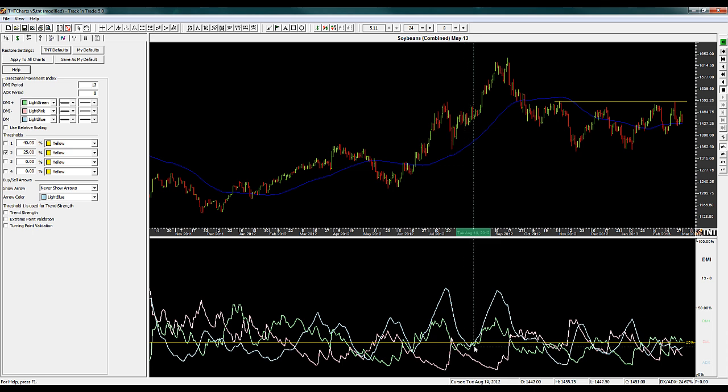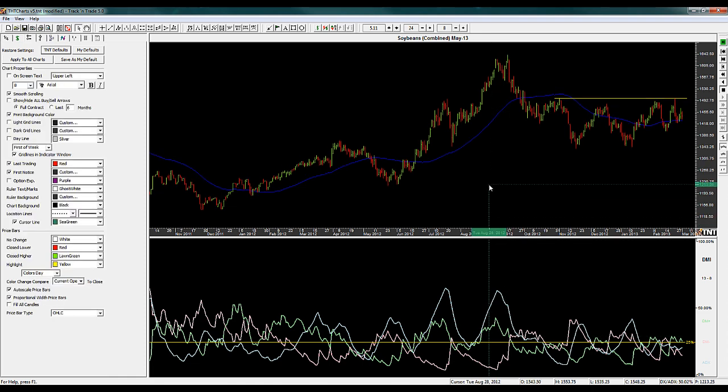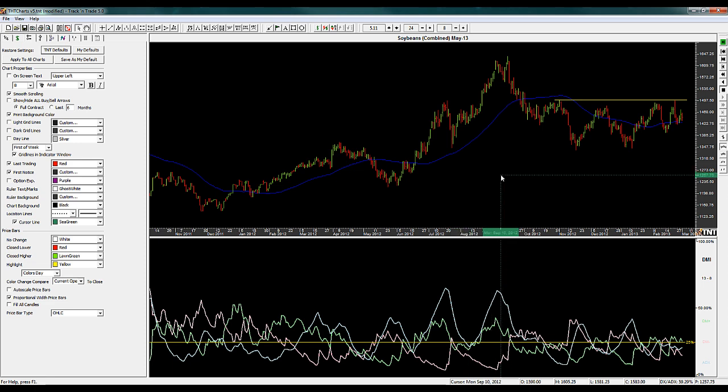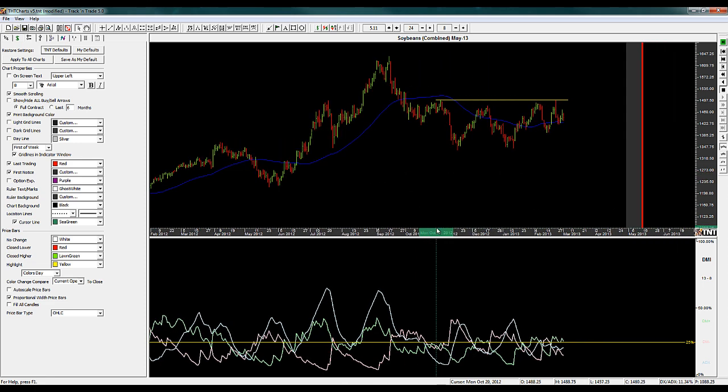Here it dipped down, came back above, and we get another push higher. So you'll also notice that a lot of times when the market might actually look a little bit bearish, or you might not be sure what's going to go on with the price, sometimes DMI will give you that little bit of a tip that you need.